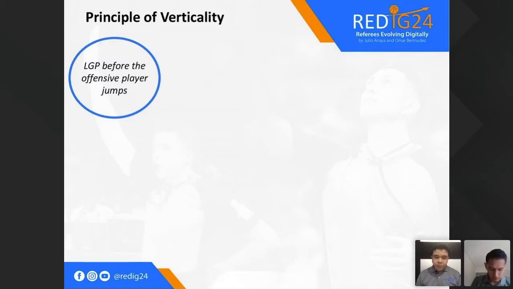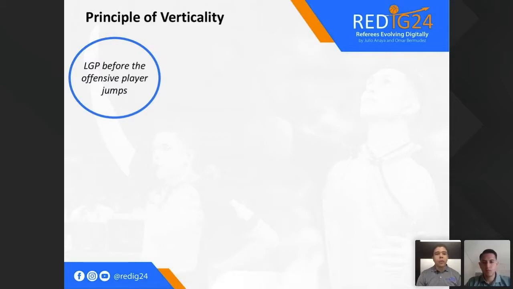Now we will be talking about the principle of verticality. We talked about the cylinder and how that cylinder leads to verticality, and we split this principle into 3 points to be considered when we make judgments on verticality plays.